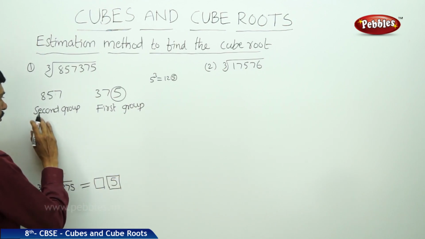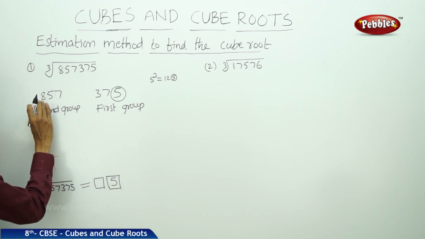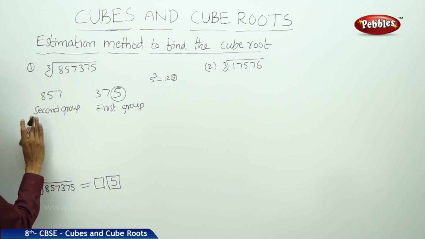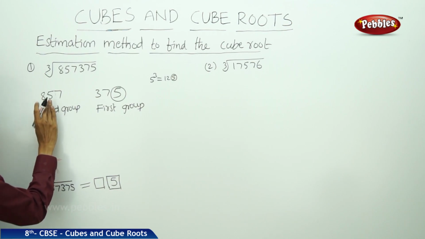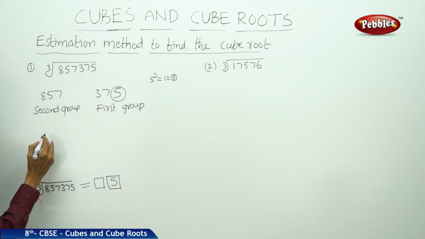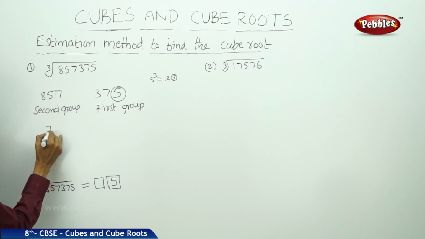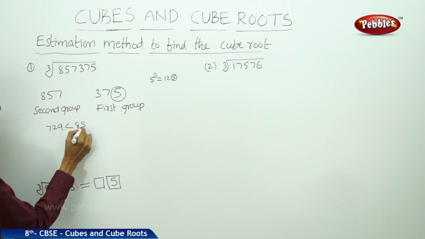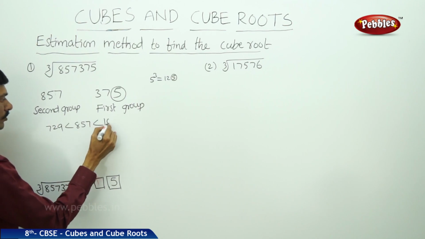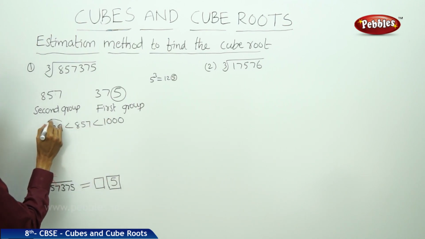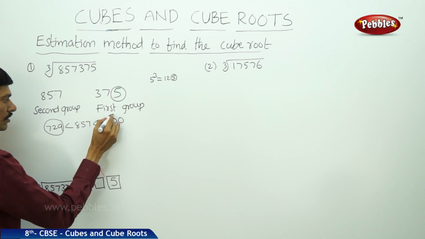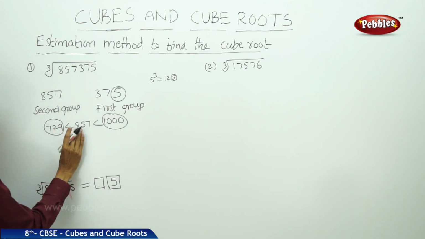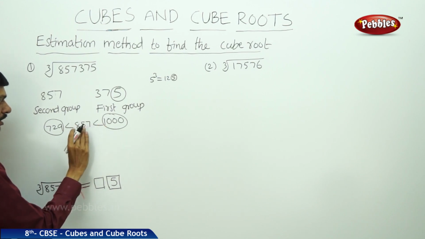For that, consider the second group, that is 857. So what are the perfect cubes which are less than and greater than the given second group? Those two are 729 less than 857 less than 1000. So here 729 and 1000 are perfect cubes, but one is smaller than 857 and the other is larger than 857.